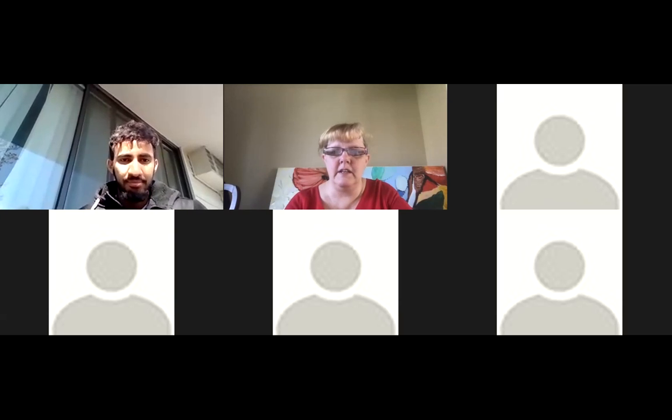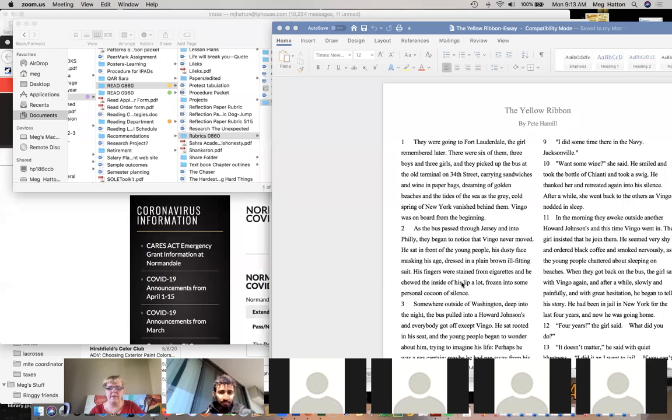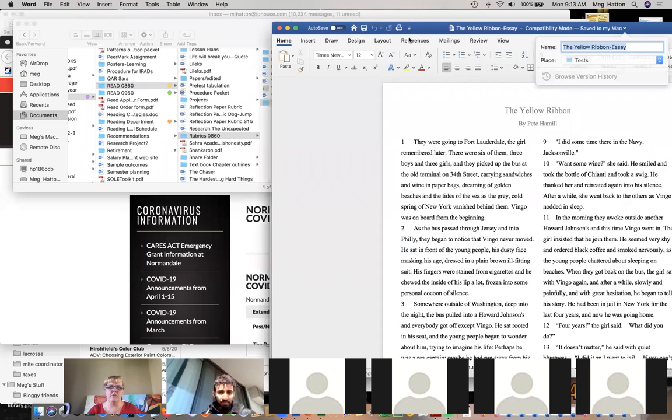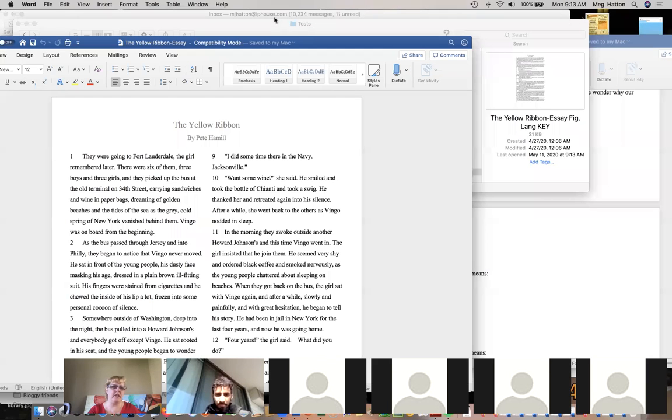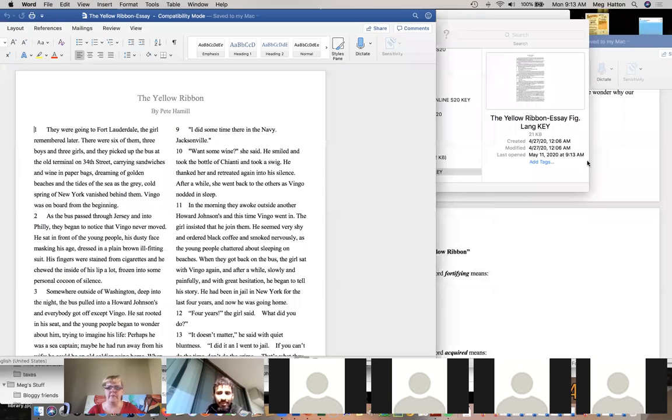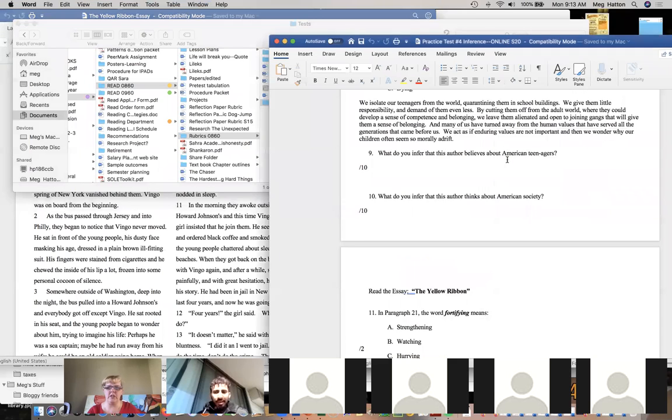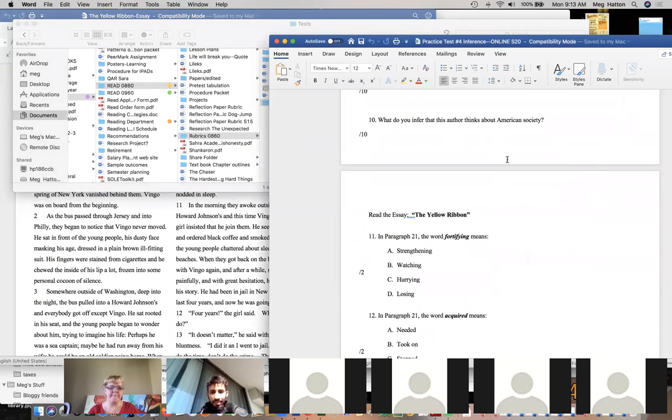Good. All right, I'm almost ready. There we go. All right, I will share again, and it's a mess, but I will share again. So here's the yellow ribbon. Did anybody read that, or did you guys just do the yellow ribbon?